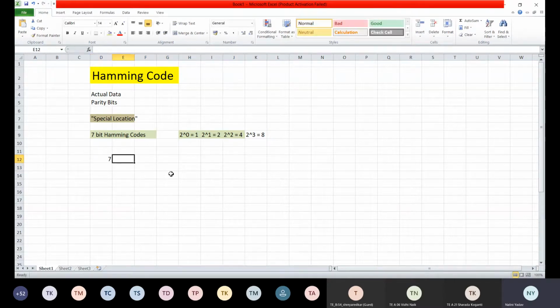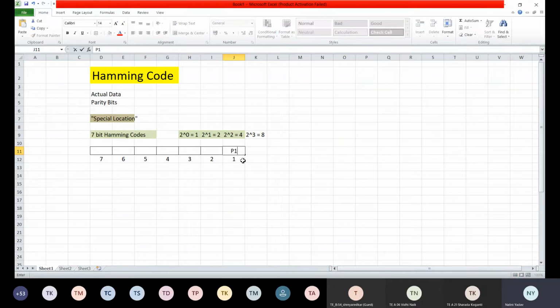So this is my 7th position, 6th position, 5th position, 4th position, 3rd position, 2nd position and 1st position. So these are all my positions. Now let's have the squares of this. With reference to 2 raised to 0, 2 raised to 1, 2 raised to 2 positions, at those reference positions I'm putting my parity bits.